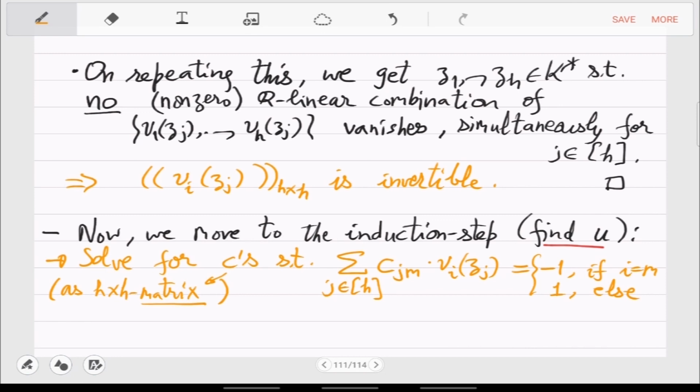Yeah, I'm doing this for all i, m. So in the matrix product, the i comma mth entry is this linear form, and this value is -1 only in the diagonal when i is m, otherwise it's 1. Okay, so this is a simple matrix equation, with all 1 except in the diagonal.